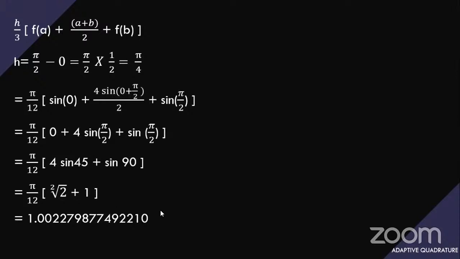Now that is for the interval they gave us. What adaptive quadrature says is that we are going to split these intervals into two. That means after getting the specific one they gave us, which is 0 to pi over 2, we'll have to get the subintervals. If you divide that, that is 0 plus pi over 2 divided by 2 to get the midpoint. That will be pi over 4.